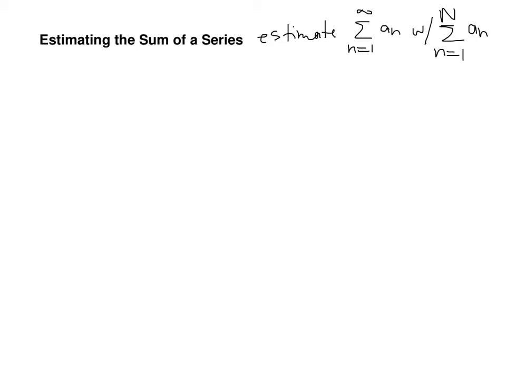So let's start by defining the remainder. This r sub n is equal to the total sum, the value of this expression if you could find it exactly, minus s sub n, where s sub n is the nth partial sum. s adds up all the terms from 1 to infinity, and s sub n adds them up until n only.